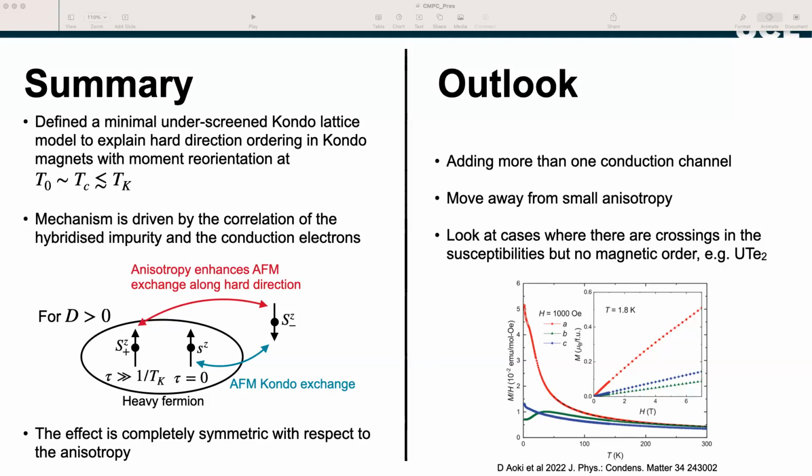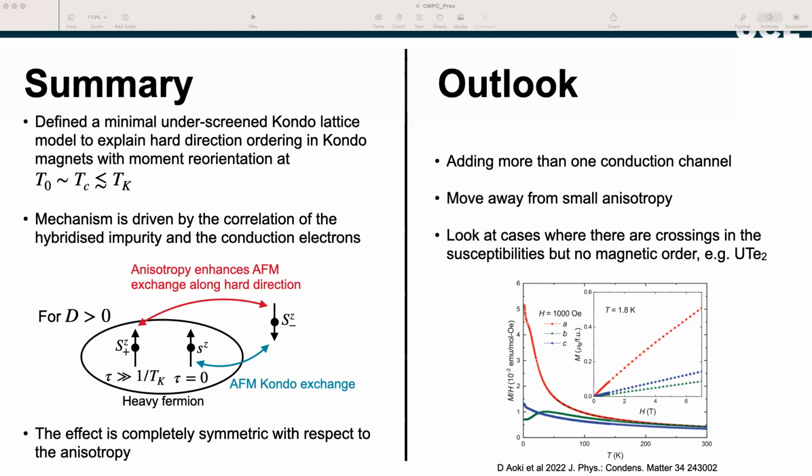And then you have the standard antiferromagnetic Kondo exchange between the free impurity and conduction electrons. And we show that the effect is completely symmetric with respect to the anisotropy. So again, you get things both ways.